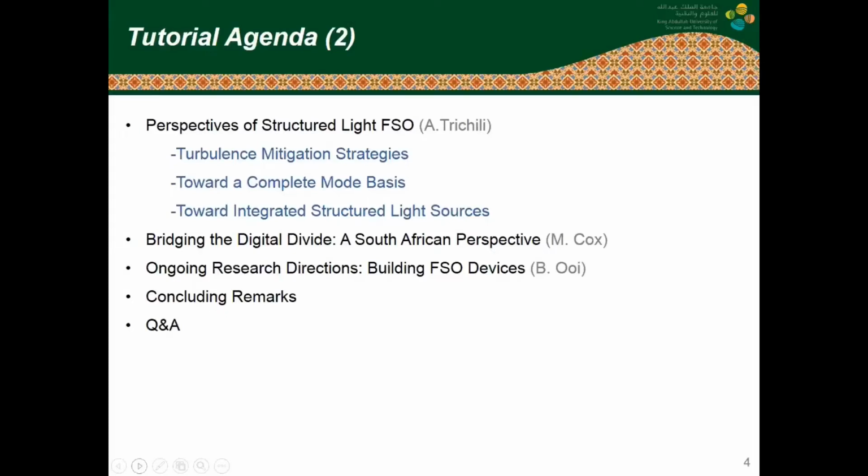In free space optics, we are talking about optoelectronics and photonics devices, like lasers, LEDs, photodetectors, and so on. That's why we have our colleague, Professor Boon Ooi, who will give you some updates on recent progress in hardware as it relates to free space optics. Then we'll have a wrap-up of the whole tutorial.